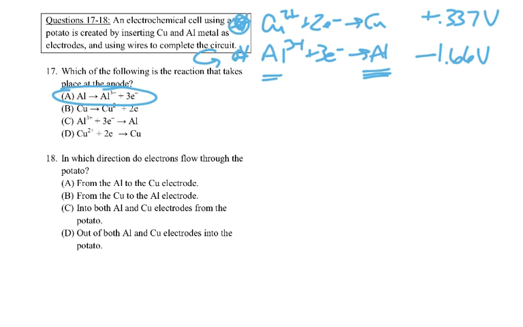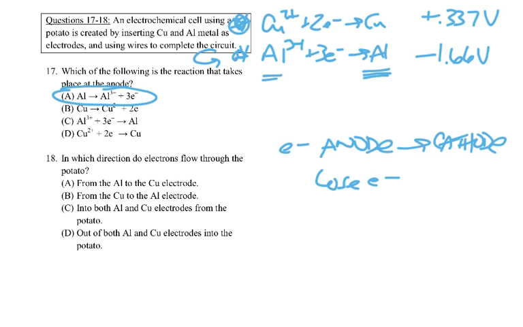In which direction do electrons flow through the potato? Electrons always flow from the anode to the cathode, and I would just memorize that. Always from the anode to the cathode. And it makes sense because anode is oxidation, that's losing electrons. Cathode, you're gaining electrons. So to lose electrons and gain, that means it always has to go from the anode to the cathode as far as electrons are concerned.